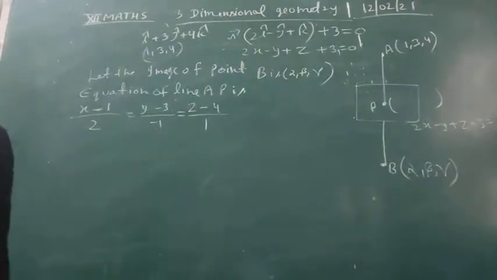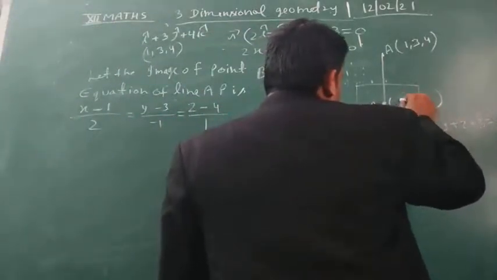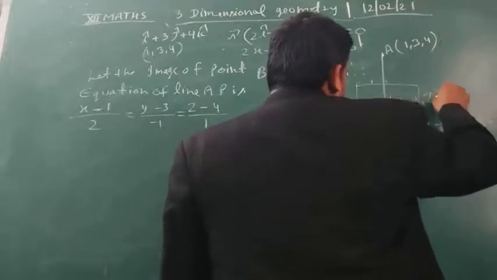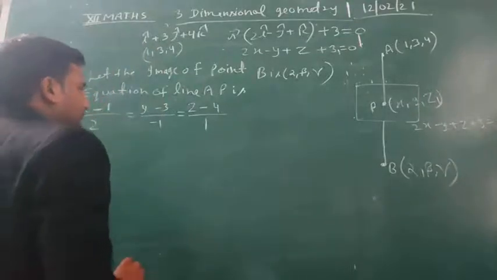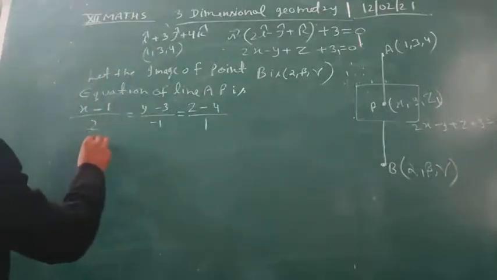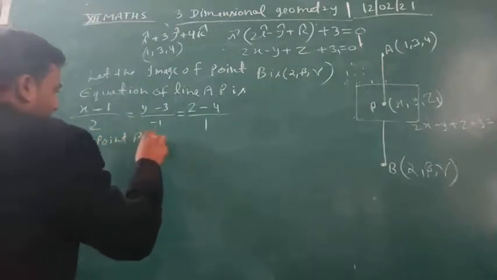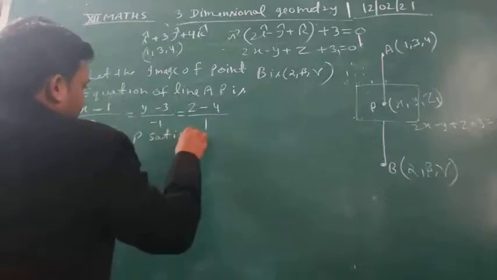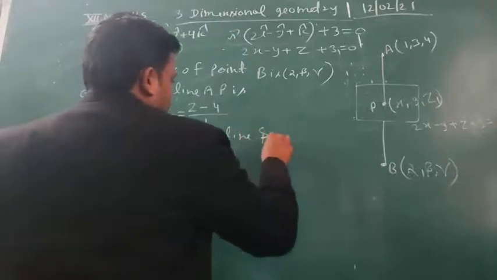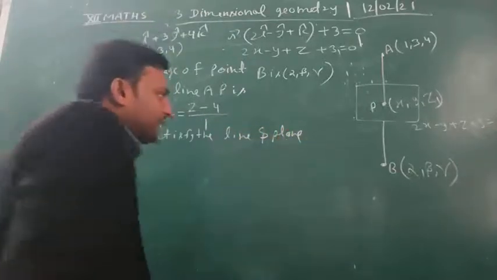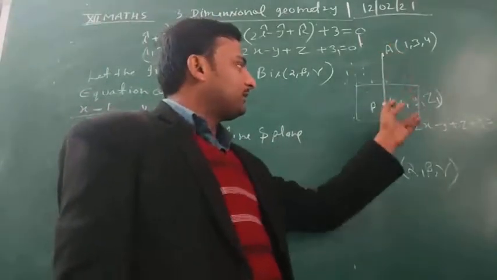Okay students, so this is the direction ratio of the normal to the plane, which is parallel to the line. Now, suppose the coordinate of this point P is x1, y1, z1. Point P satisfies the line and the plane, students. This point is the intersection point of the line and plane, so it will satisfy the equation of the line and the plane.